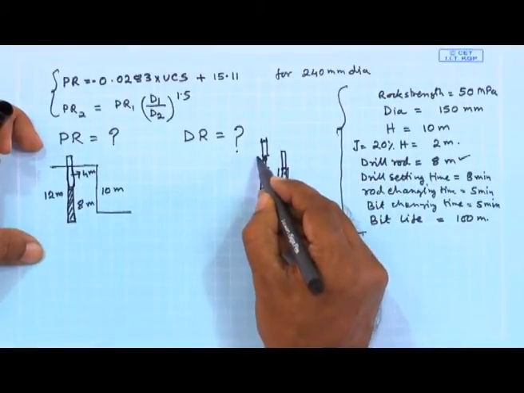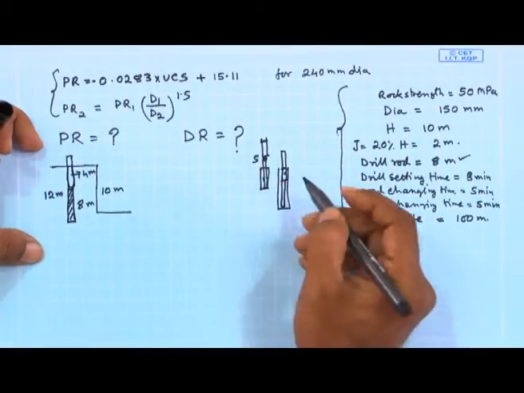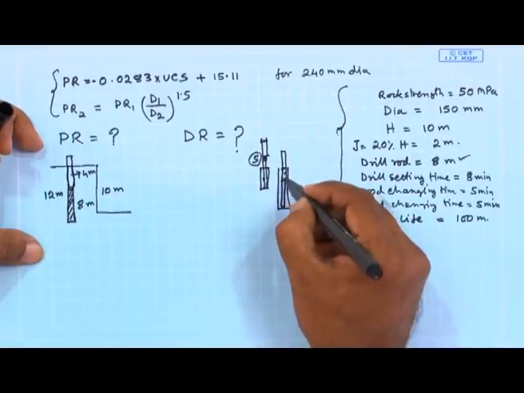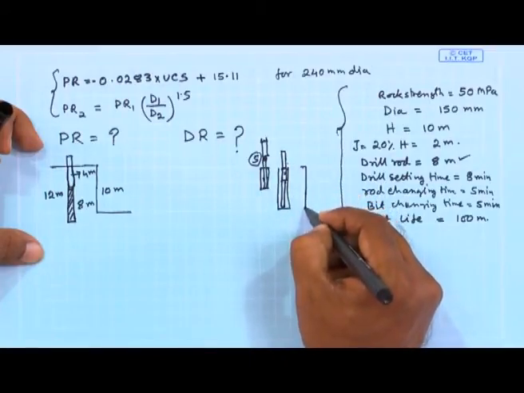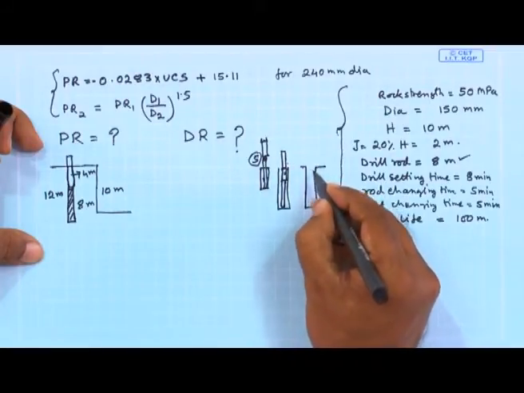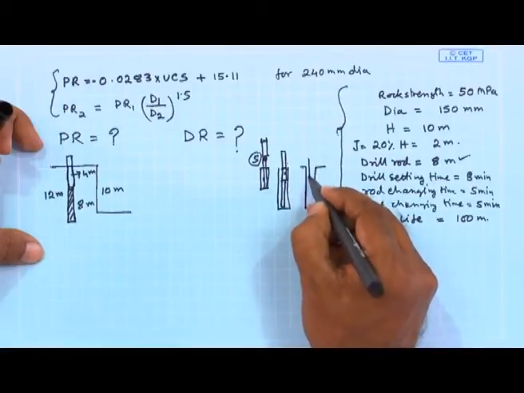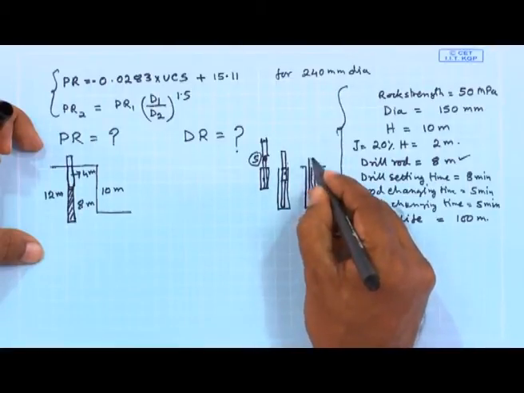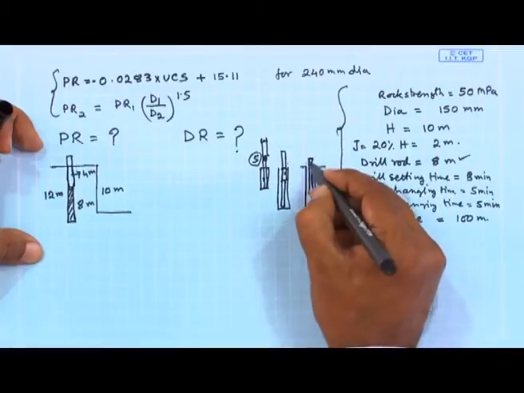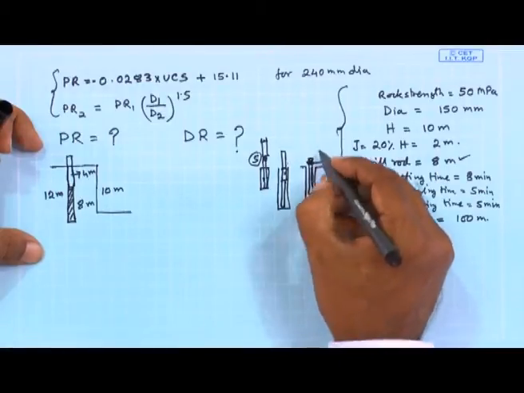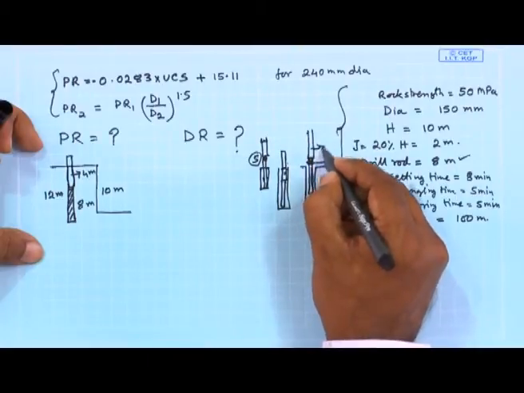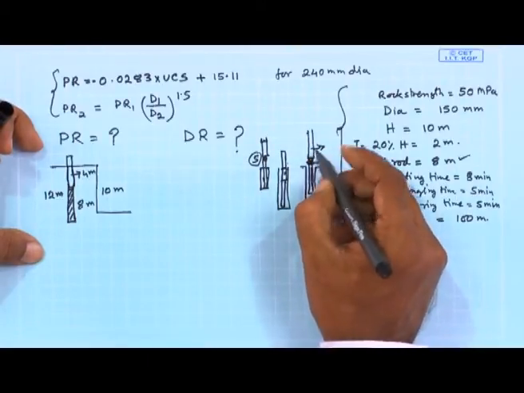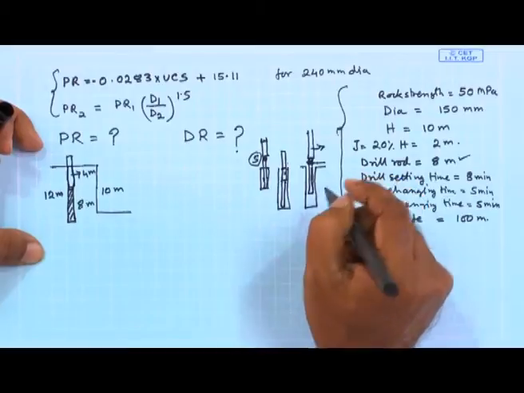So, for inserting this one 5 minutes is required, and while we are taking it out again for withdrawing this one, the second rod will be removed by holding this one while we are withdrawing this rod from this.